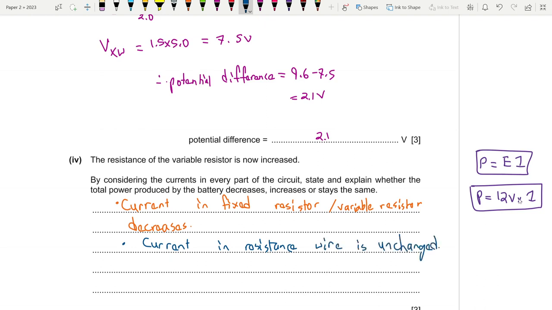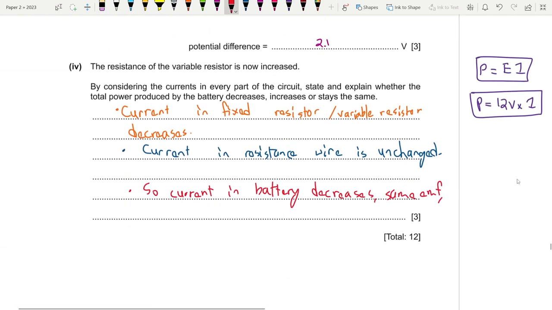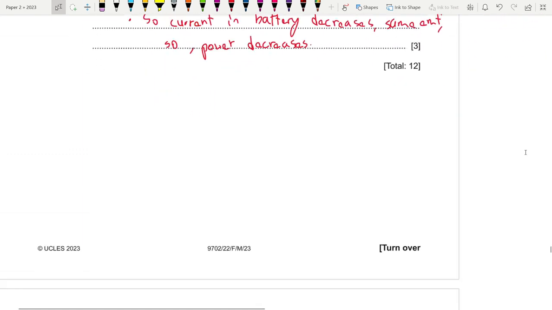I just explained why. So the net current in the circuit decreases. So current in battery decreases, and same EMF. So power produced by the battery decreases. Is that fine? Okay. Hopefully I could clarify.